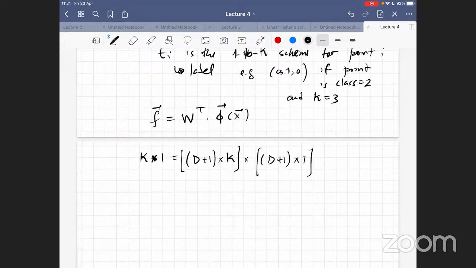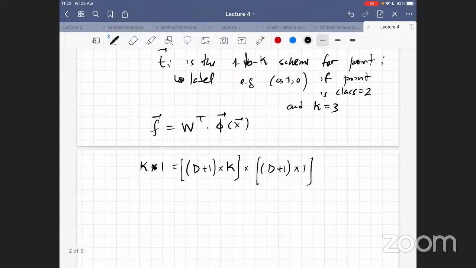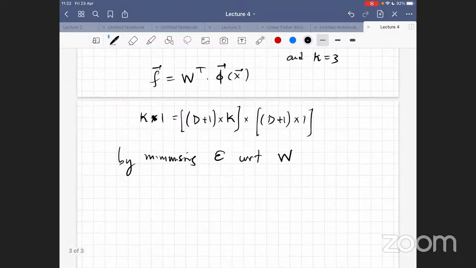All right, so if I do this and then I minimize this with respect to the weights, I obtain the best, or the optimum, matrix of weights, which is, not surprisingly, a solution that we have already obtained before.